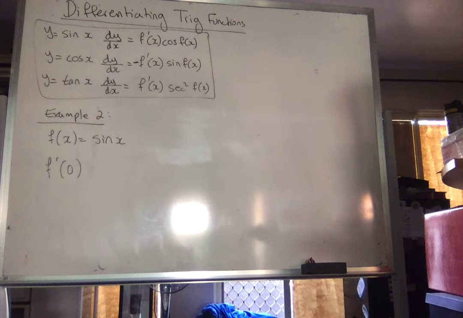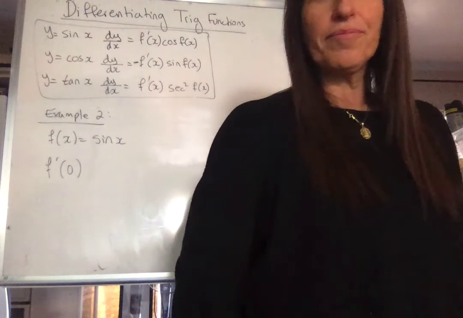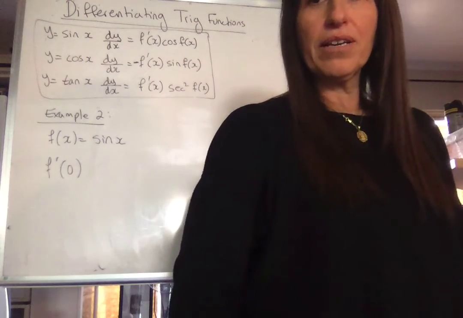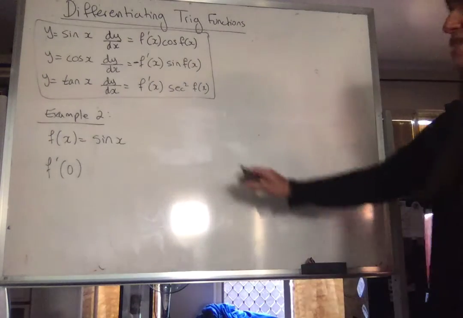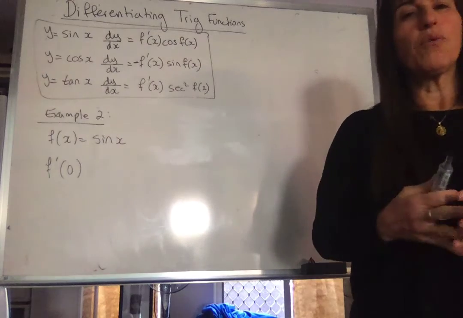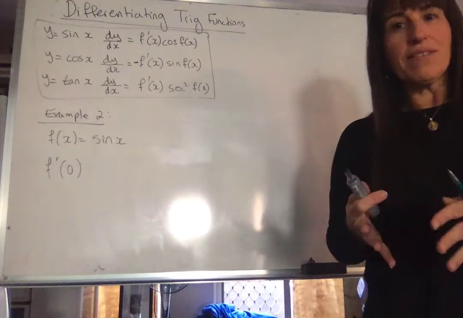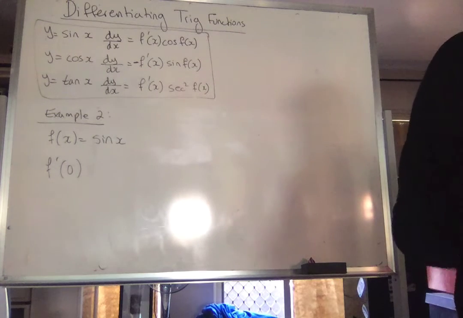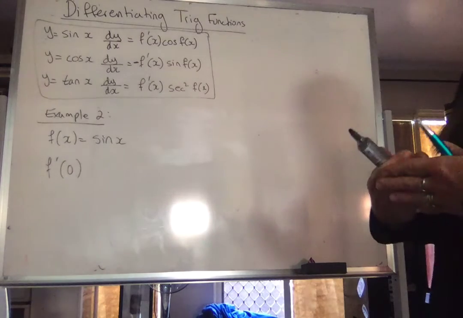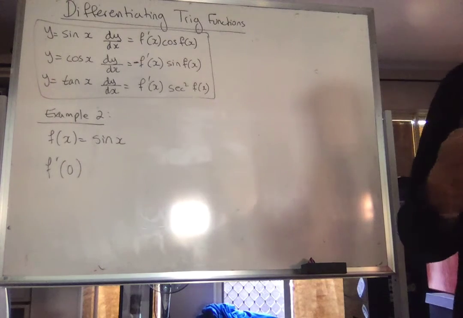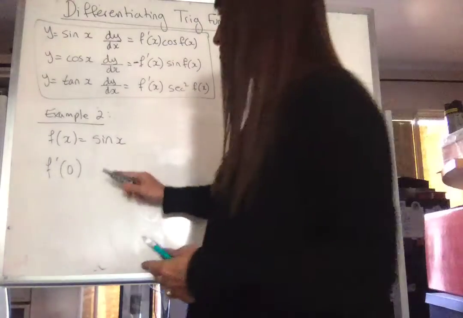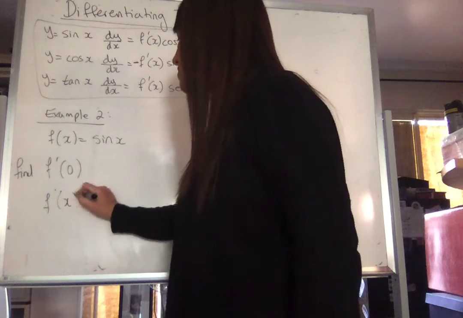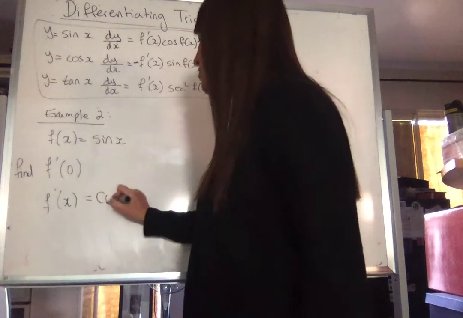Okay, actually this is a really good question because we're going back to what we did at the start of this topic, where we're actually finding the equation of the tangent at 0, 0. That's what we're asked to find eventually. All right, so let's first of all find the derivative of sine x. So f dash x is equal to cos x.